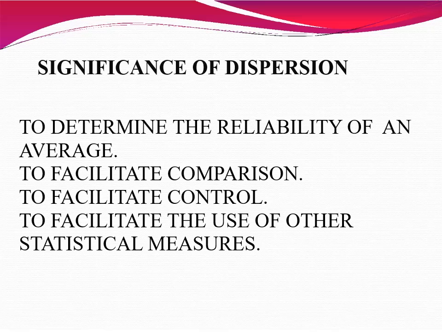Under this, the first point says to determine the reliability of an average. Measures of central tendency do not throw light on the formation of series, do not give us detailed features of observation, and do not establish the relationship with items.